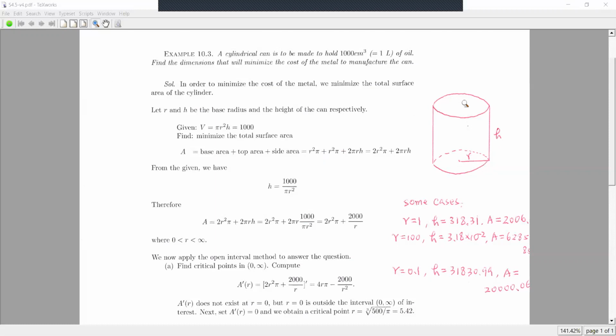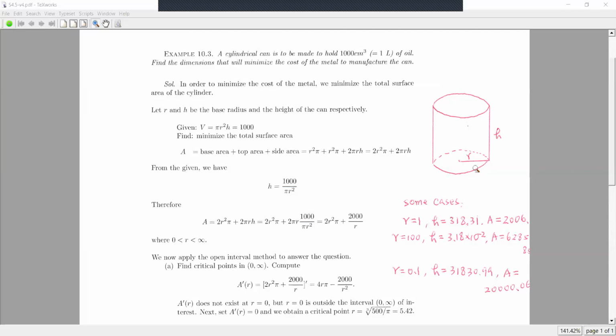Top is a circle, area also pi r squared. The side area, how to get the side area? Imagine that we use a scissor to cut the side and stretch out the side. Then we will see a rectangle.